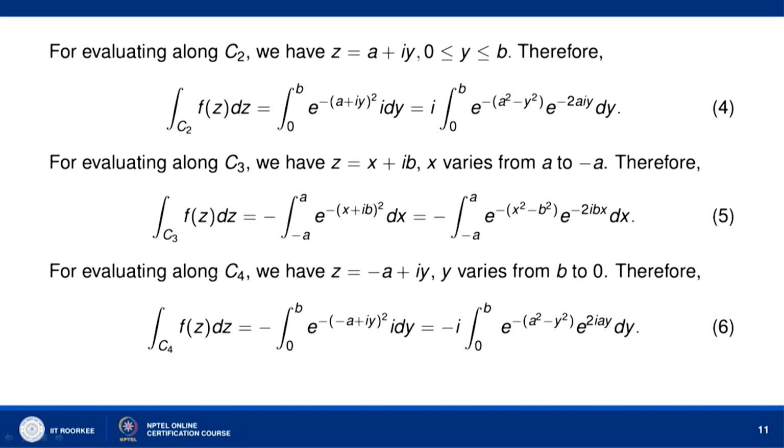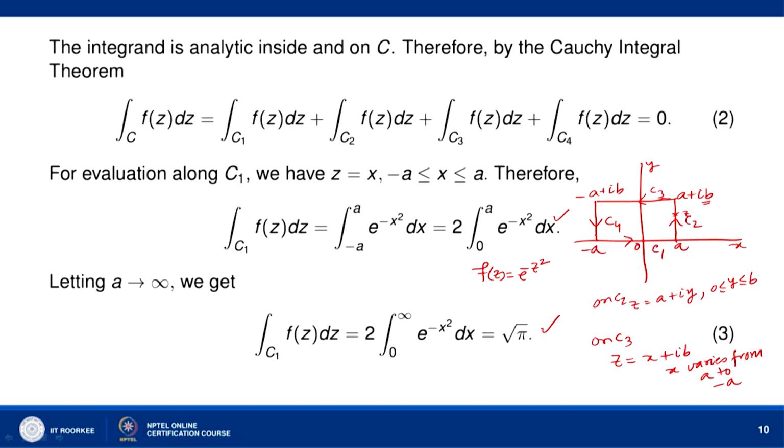And when we integrate along C4, you notice again that y varies, x is fixed, x is equal to minus a. So along C4, z is equal to minus a plus iy, where y varies from b to 0.